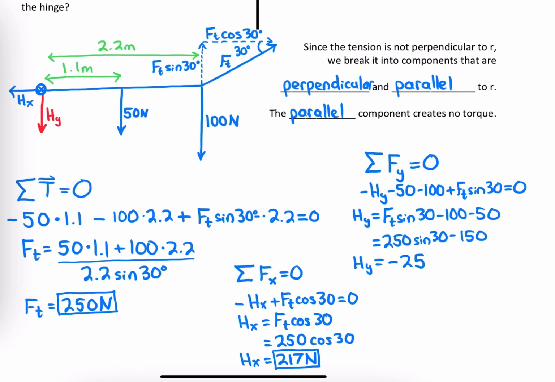Okay, now that's odd. Remember, Hy is the magnitude of the force. I should, actually, to remind myself, probably put vector hats on my original equations. The forces in the x direction are vectors. They have direction and magnitude. The forces in the y direction are vectors. They have direction and magnitude.